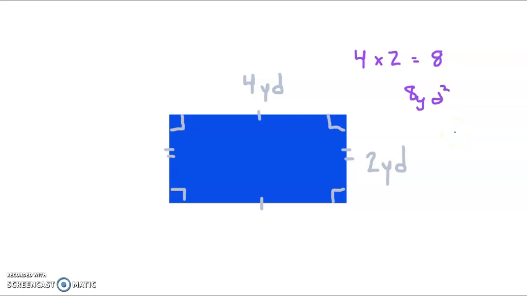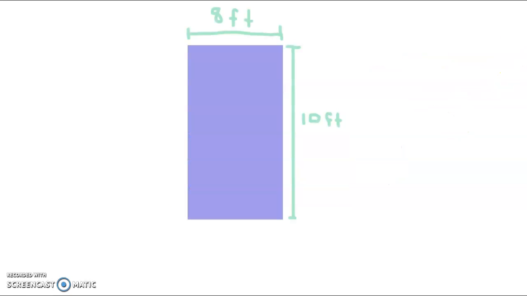Now I'm going to give you guys one last example. So let's say I wanted to put carpet in my room, and I need to know how much carpet I need to cover my floor. So I need to find the area of my room to see how much carpet I need. The length of my room is 10 feet, and the width of my room is 8 feet. So to find the area, I multiply the length by the width.